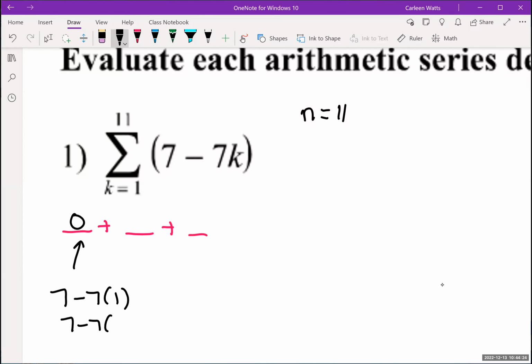7 minus 7 times 2 is 7. Now, if you want, you can do all 11. I'm skipping to number 10. Number 10, 7 minus 7 times 10 is equal to?